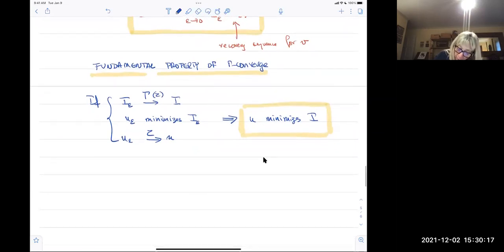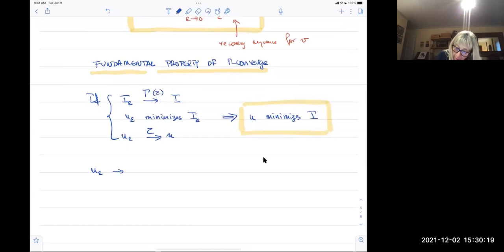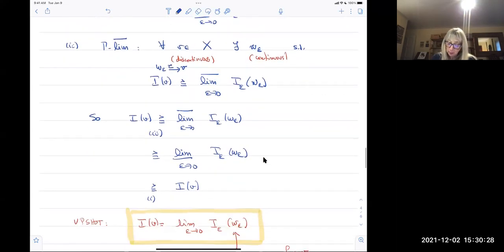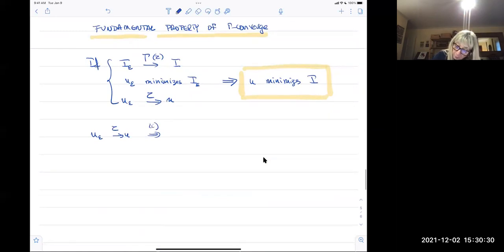Now, U epsilon converges to U. So since I is the gamma liminf, I of U needs to be below the liminf of I epsilon of U epsilon. I'm going to call this star because I'm going to come back to this.